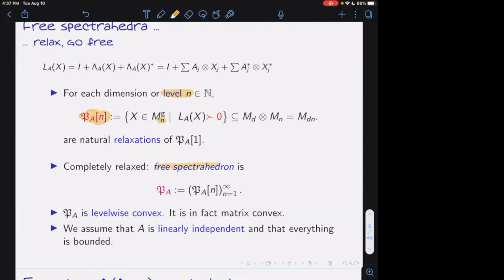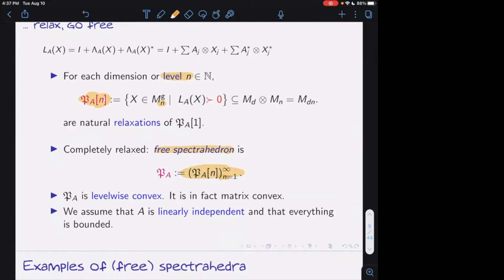The free spectrahedron is what you get by considering all the levels simultaneously, so the sequence or graded set. It's trivial to see that at least level-wise, these sets are convex. They're defined by linear equations. And in fact, there's some convexity that transcends across the various levels as well, that we won't really need to discuss, but it has a property known as matrix convexity.